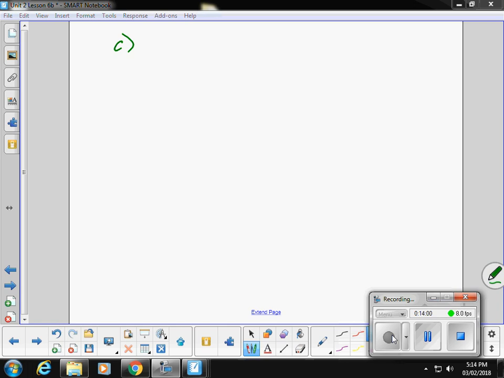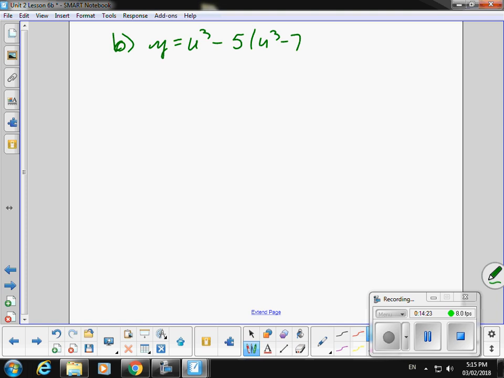Okay, we have y equals 2u cubed plus 3u squared. Sorry, did them out of order. Let's do this one, which is actually b, wasn't it? I apologize for that. y equals u cubed, subtract 5u cubed, minus 7u squared, where u equals root x.